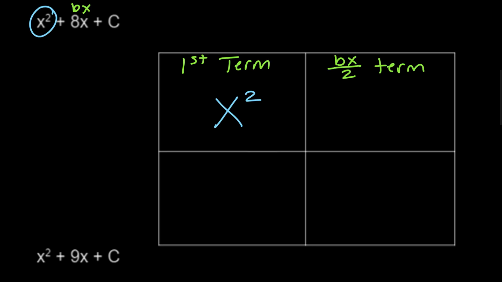What would it become? 4x, perfect. And same thing here. This is also going to be bx divided by 2 term. And bx divided by 2 is 4x, just like we had in the other square.